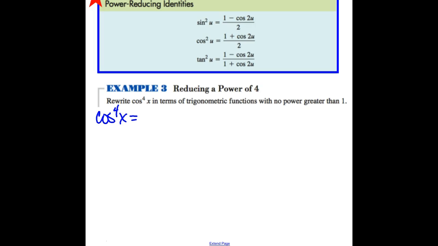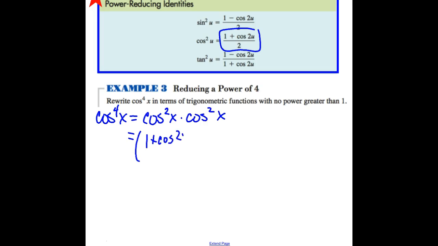Okay. And now let's plug in what we have for our power reducing. Cosine squared is 1 plus cosine of a double angle divided by 2. Okay, so this is going to be equivalent to 1 plus the cosine of 2x divided by 2 for both of them. What is the denominator going to become?